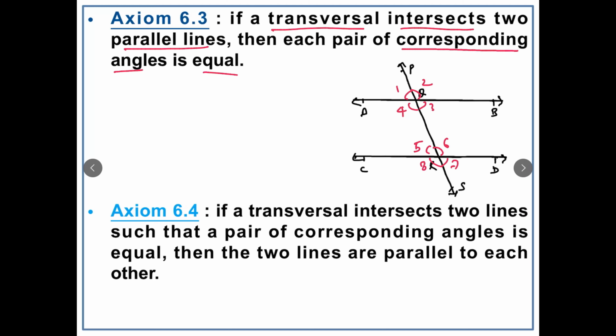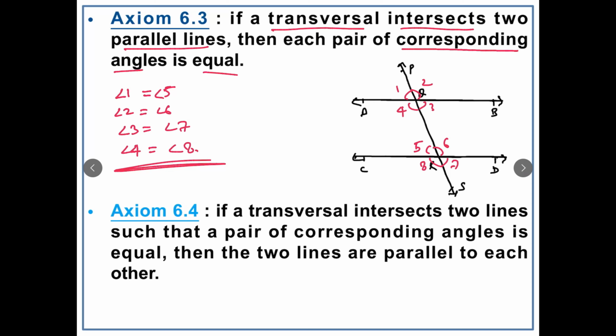This implies that the corresponding angles are equal: angle 1 is equal to angle 5, angle 2 is equal to angle 6, angle 3 is equal to angle 7 and angle 4 is equal to angle 8. That's what this axiom says.